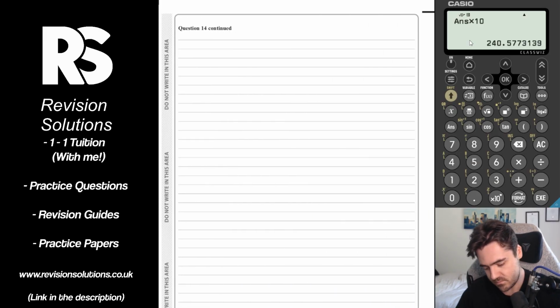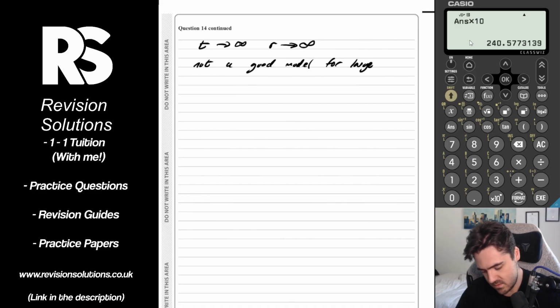So if we want to phrase that a bit better, we'd say, as t tends towards infinity, r tends towards infinity, which is not a good model for large values of t, as at some point the balloon should pop.